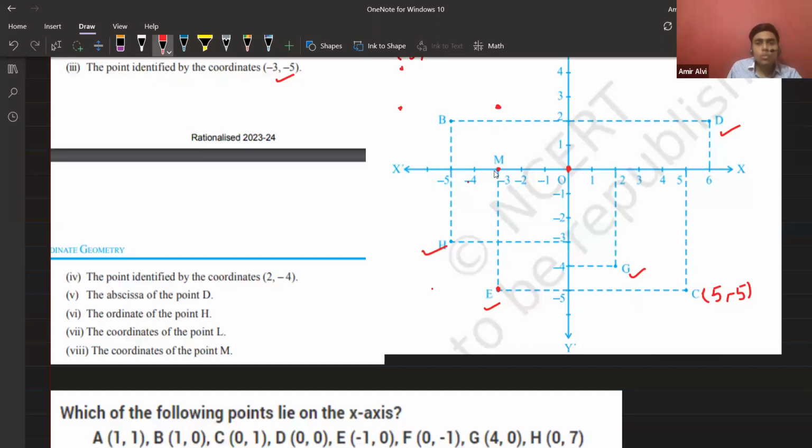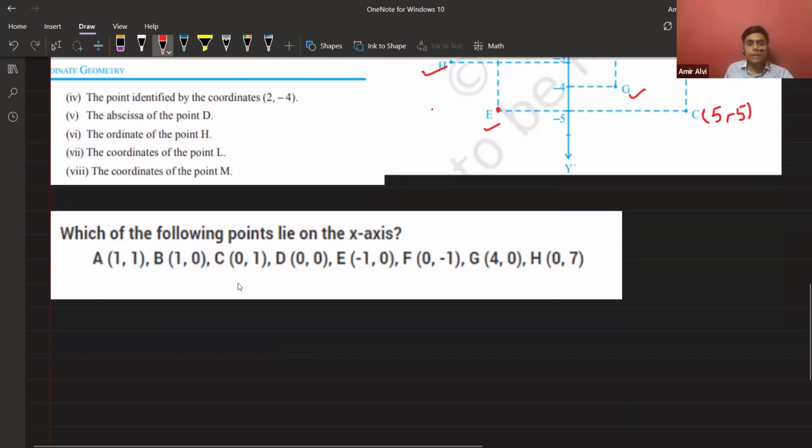No. M is only this point, right here. Is there any deflection in the y-axis, upward or downward? M is directly on the x-axis, so it would be minus 3, 0. Is this clear? Yes.